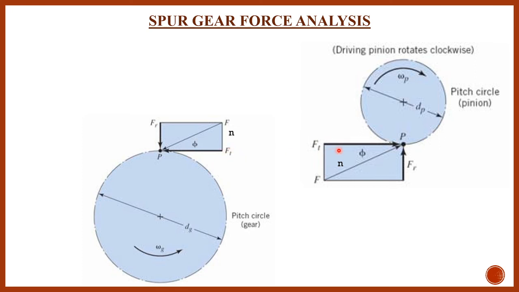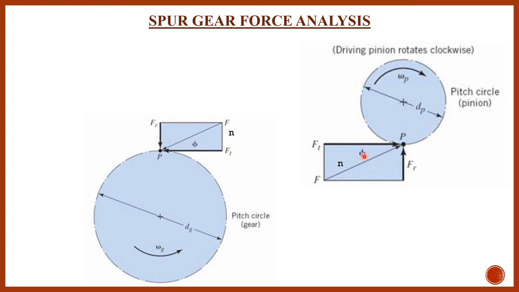This tangential force is towards the left hand side, this one towards the right hand side. This radial force is in the downward direction, and this radial force is in the upward direction at the point of contact, the pitch point. This Fr tries to separate these two gears along the radial direction, and the tangential force transmits the power. Okay, phi is the pressure angle.